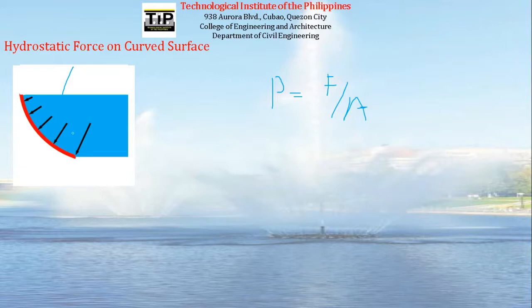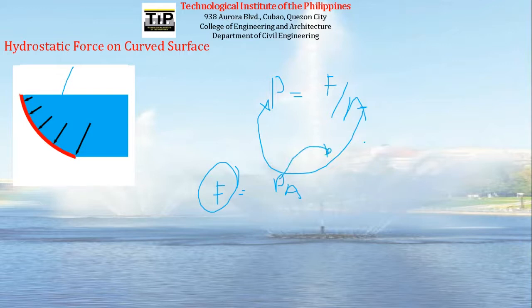If we multiply the pressure by the area, we can derive the force. Pressure times area equals force, in which the pressure unit may be newton per meter squared and the area is meter squared, so the meter squared will cancel out. Newton becomes the unit of force.